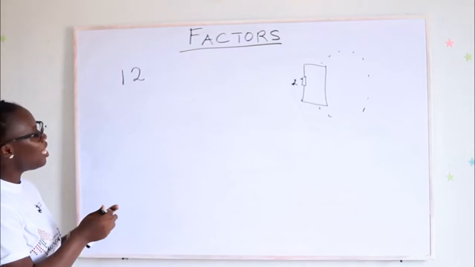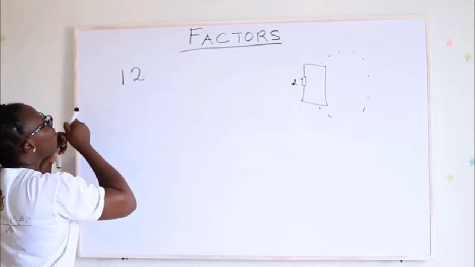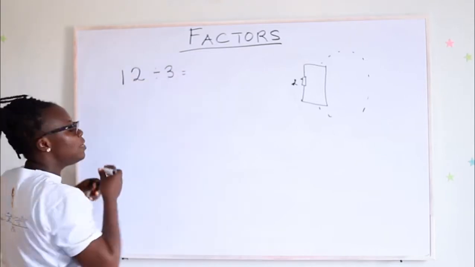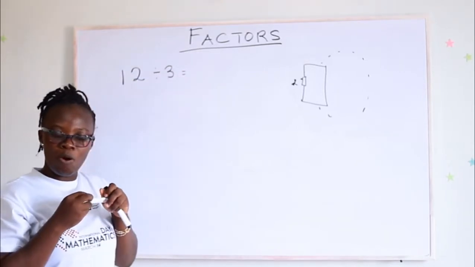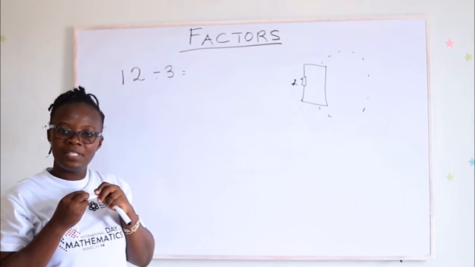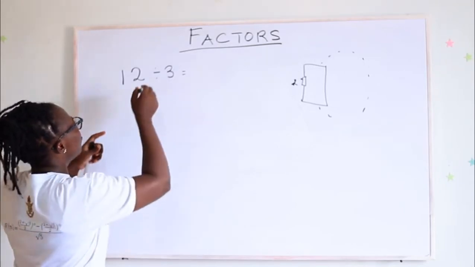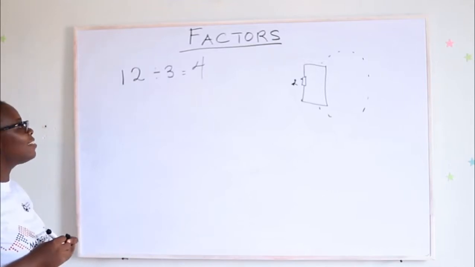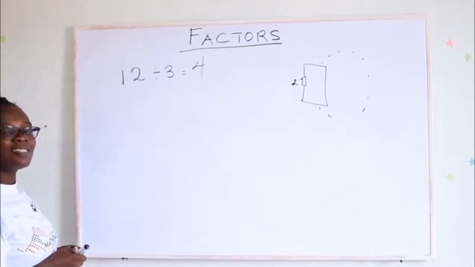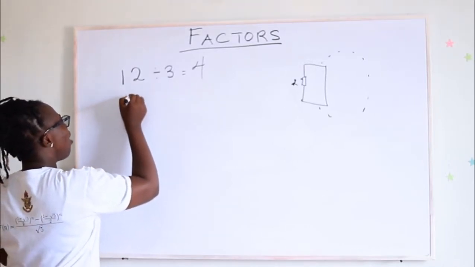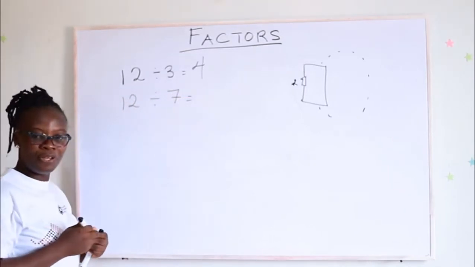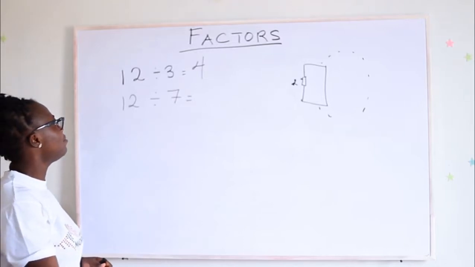So, if I pick 3 to divide 12, what will we get? You are going to get 4. But let's take 7. 12 divided by 7.